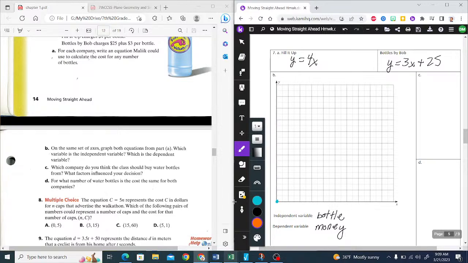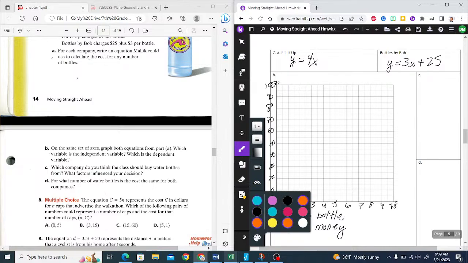I'm going to go by 5s on the money axis: 5, 10, 20, 30, 40, 50, 60, 70, 80, 90, 100. And then down here, 1, 2, 3, 4, 5, 6, 7, 8, 9, 10. We're going to go up 4 over 1.